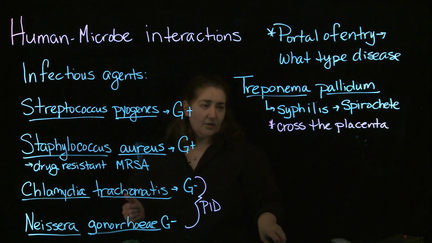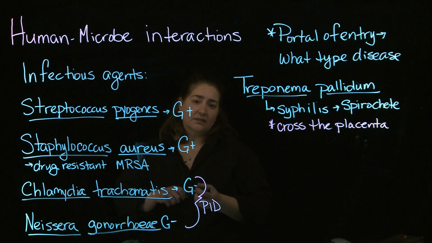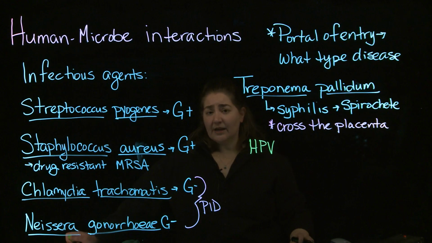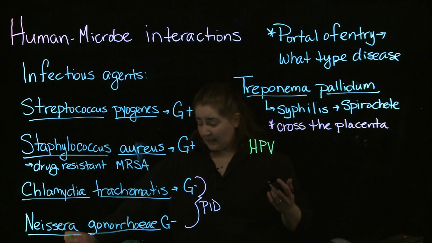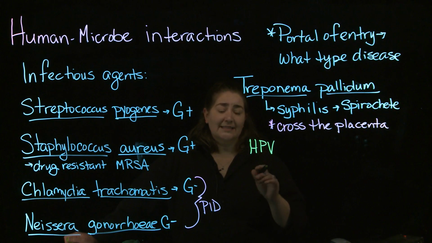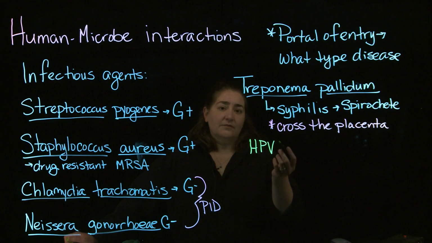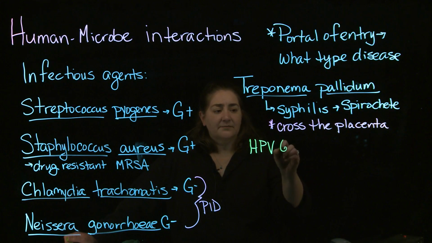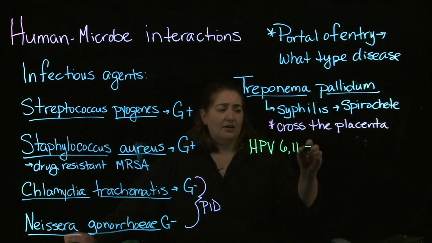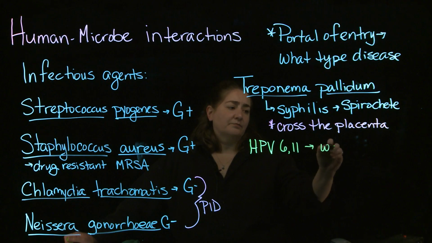All right? We talked a little bit in the previous videos about human papillomavirus or HPV. Okay? HPV is going to be a sexually transmitted disease. In the case of the sexually transmitted disease, 6 and 11 are the viral types that cause the genital warts.